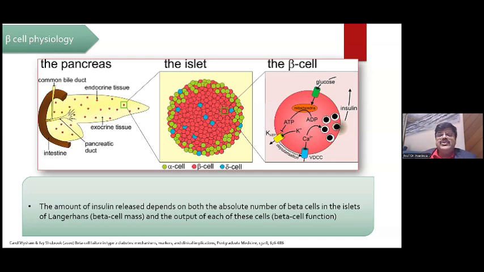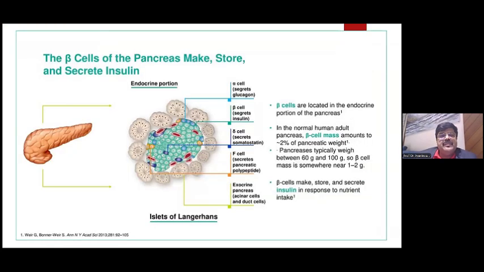The amount of insulin released depends on both the absolute number of beta cells in the islets of Langerhans, that is the beta cell mass, and the output of each of these cells, that is the beta cell function. So the beta cells of the pancreas make, store, and secrete insulin.